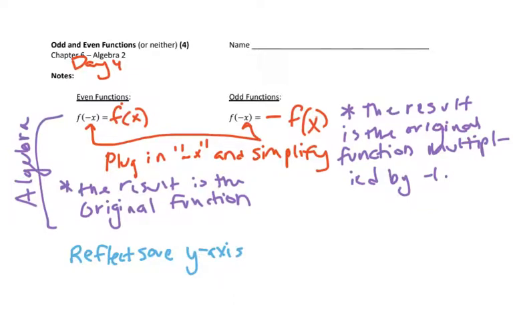If you see that the graph rotates 180 degrees about the origin, so 0, 0, then you actually have an odd function. So again, this is via a graph.